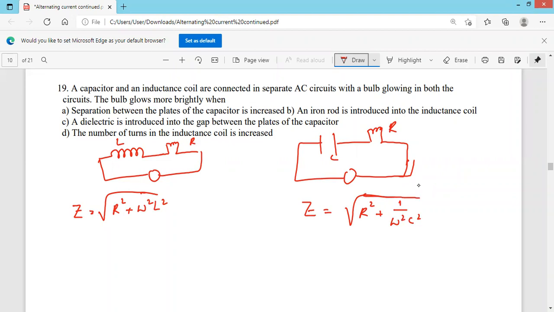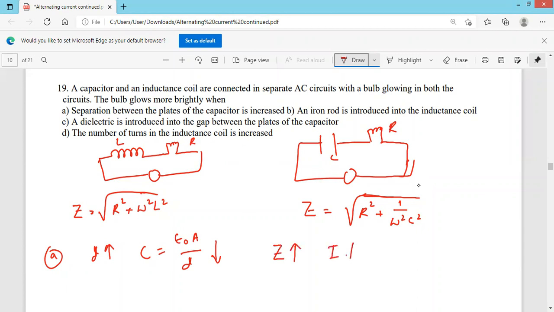Let's come to option A. In option A, the separation between the plates of the capacitor is increased. When D is increased, since capacitance is equal to epsilon naught A by D, the capacitance decreases. If the capacitance decreases, the value of 1 by omega square C square increases, so the impedance increases.